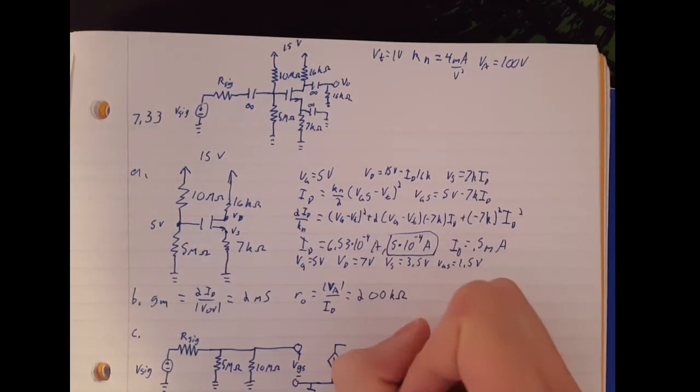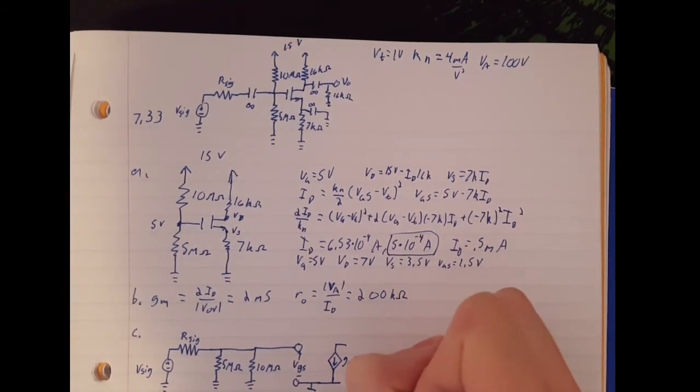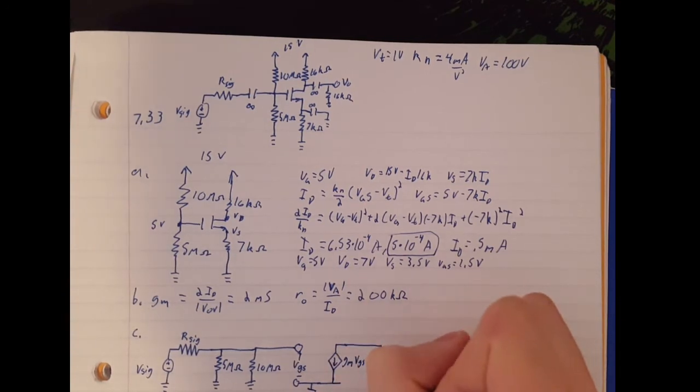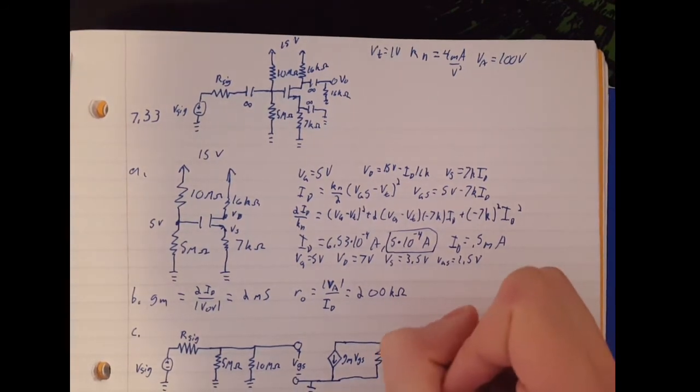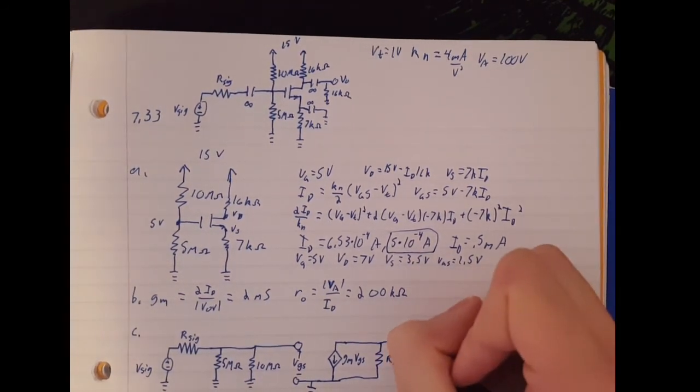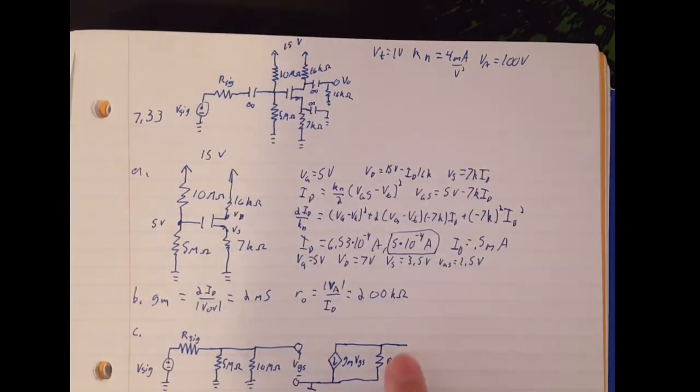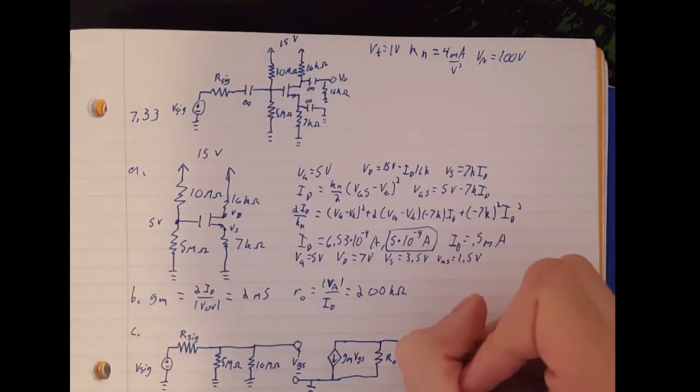We have a current driver that's a function of gm VGS. This resistor is R0. VD goes to V out.